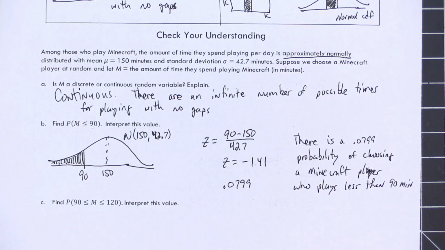Okay, so there's the probability. There's a 7.99% chance that if I pick a random player, they will have played less than 90 minutes.